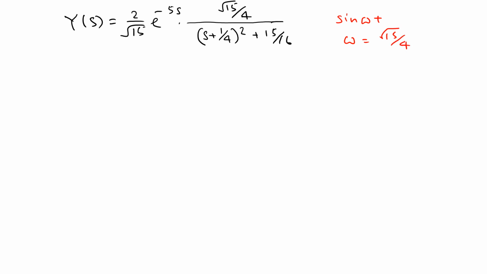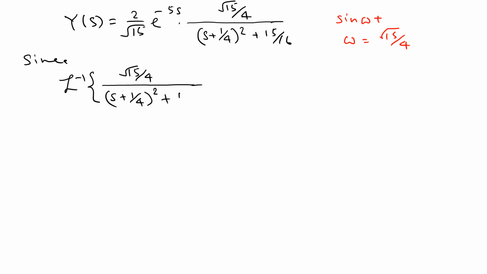So we can write now, since the inverse Laplace transform of square root 15 over 4 divided by (s plus 1/4) squared plus 15 over 16 is equal to, you can see there's a shifting part coming from here.